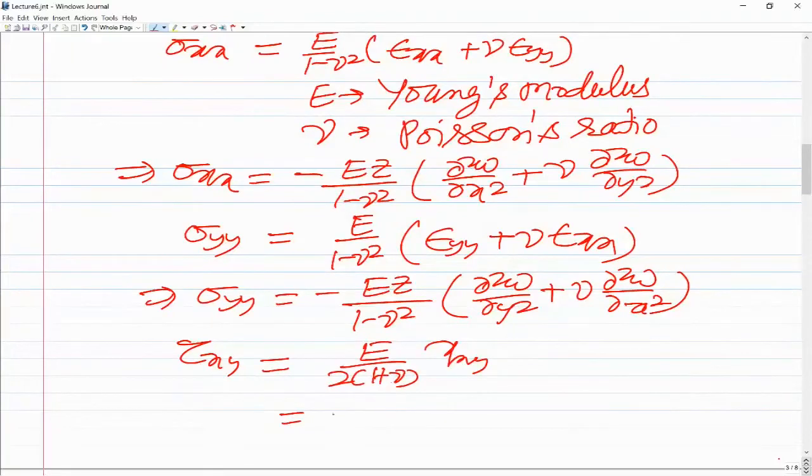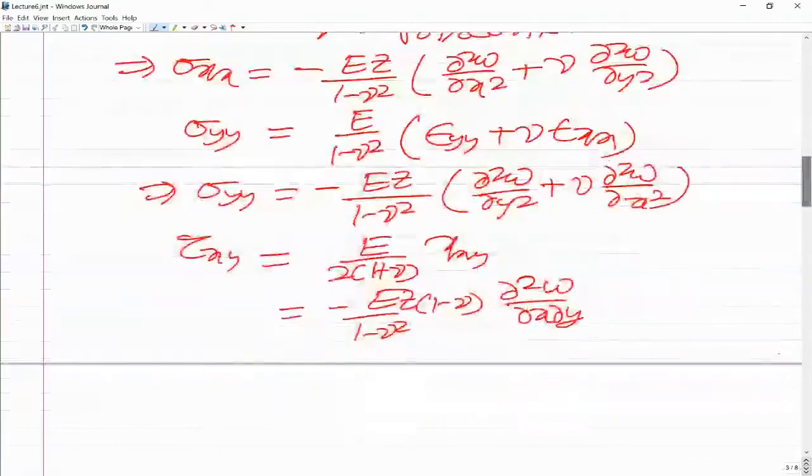So we can write this as minus E upon 1 minus nu square into 1 minus nu into z into del 2 w by del x del y. So you put the expression for gamma xy here, multiply the numerator and denominator by 1 minus nu, and you can write it as minus Ez upon 1 minus nu square into 1 minus nu into del 2 w by del x del y.